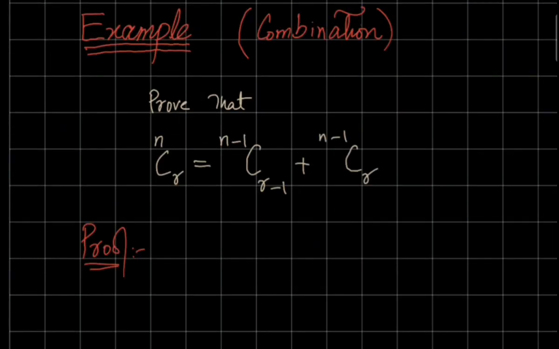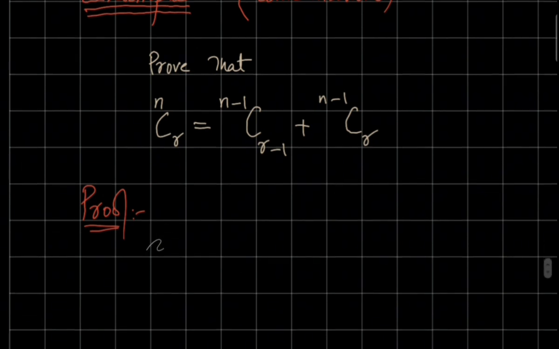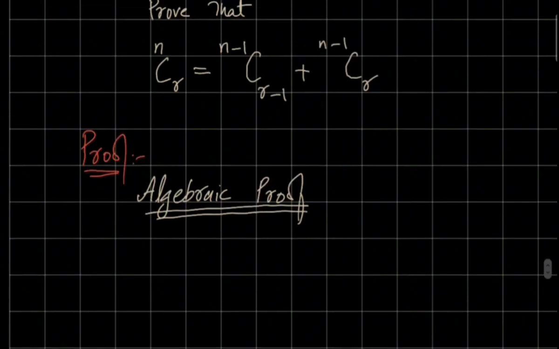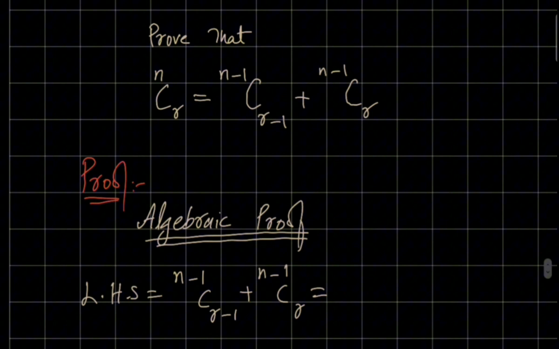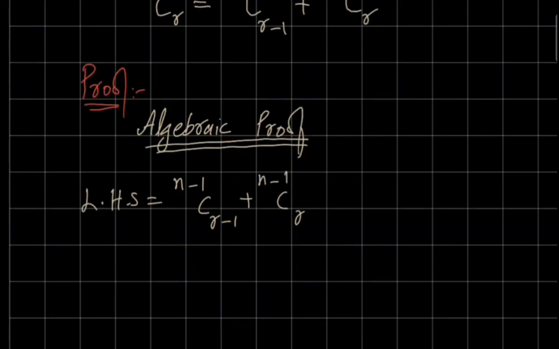We have two different kinds of proof for this example. Number one, algebraic proof. So how to prove it? Just take the left hand side, and write the definition. What is the definition of n minus 1 C r minus 1?